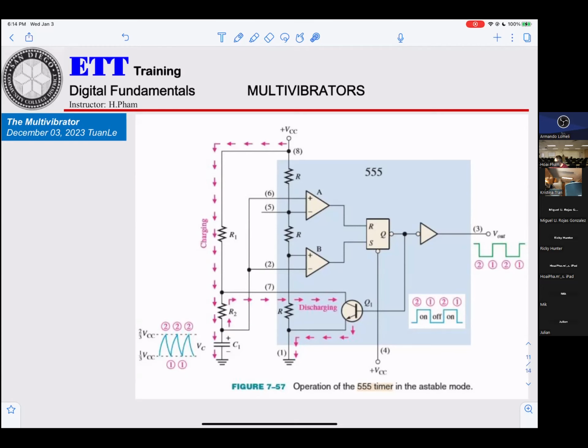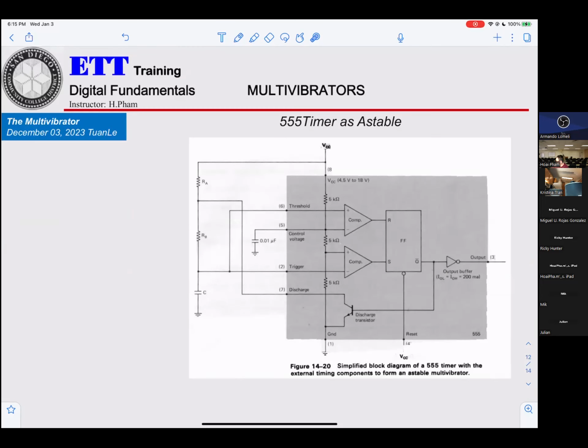And the output coming out looks like that one. This is a simplified block diagram of the 555 timer with the external timing components to form an astable multivibrator.